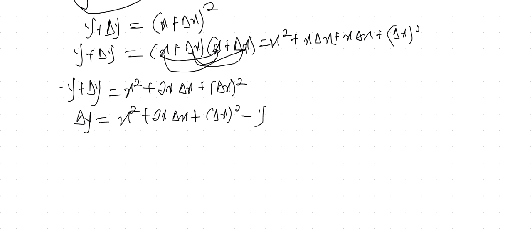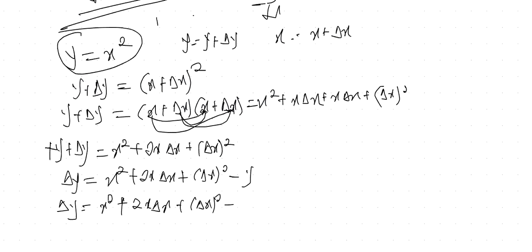All right, so we have change in y will be equal to x squared plus 2x change in x plus change in x squared minus, what is y? Y is from here. You can see y is x squared. So we'll put that.